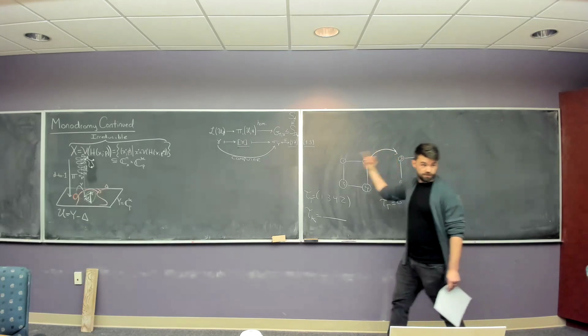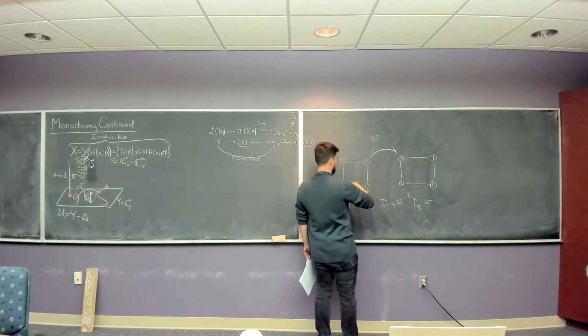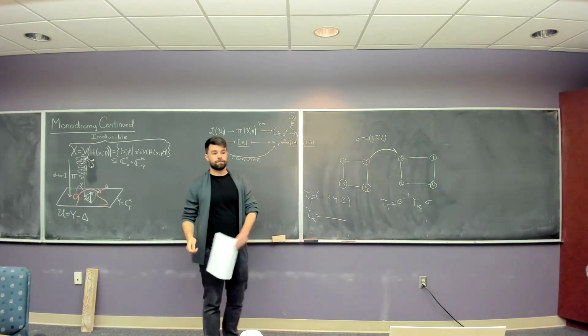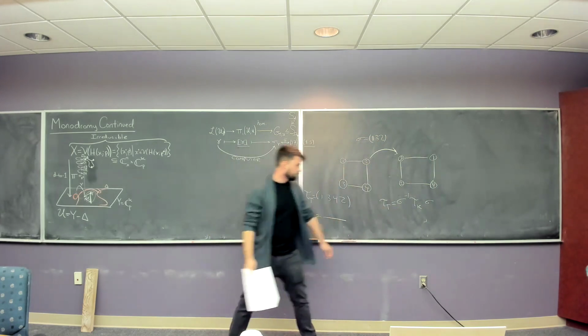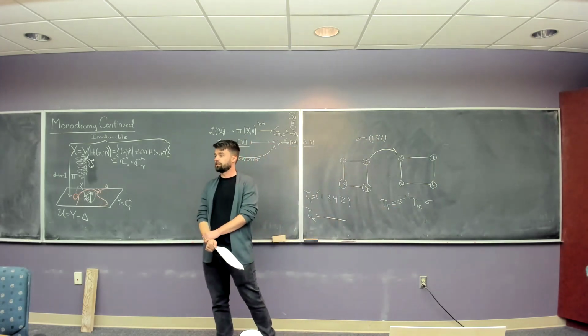Then the way to do this change of labeling, I would have to switch 1 to 3, I would have to switch 3 to 2, and 4 would stay the same. And this is one of these tedious things you work out in your group theory class, that conjugation is really just relabeling.